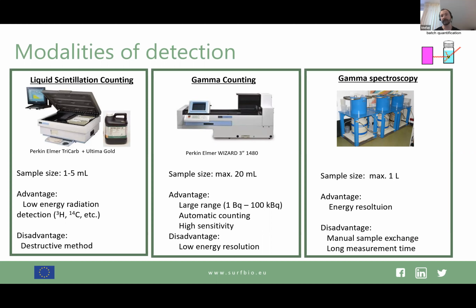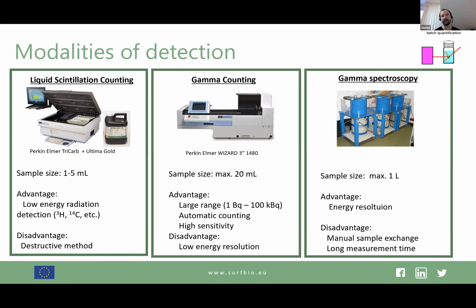If you want that, you can use gamma spectrometry. Typically, these are semiconductor detectors that have a very high energy resolution. So with this, you can identify the radionuclides in your sample.